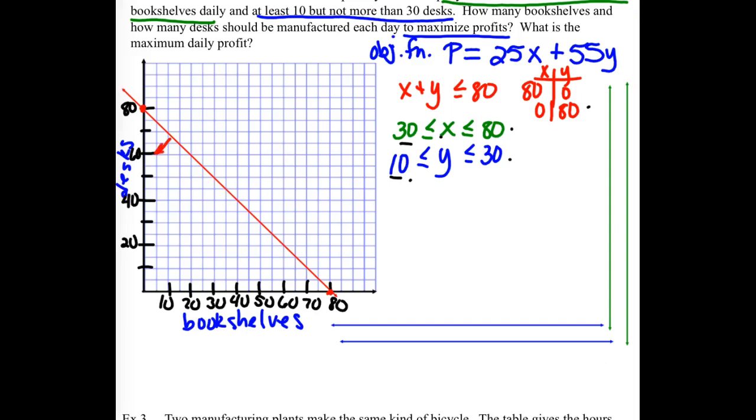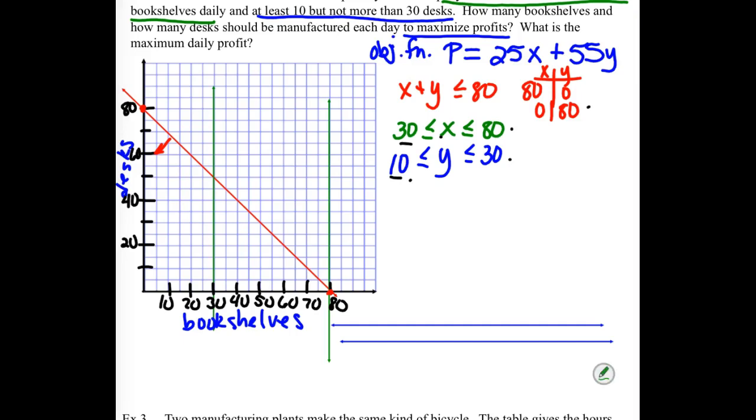Now, for the green one, we want x to be bigger than or equal to 30, but smaller than or equal to 80. So we are looking at a vertical cutoff at 30 and another vertical cutoff at 80. We need to be in between those two lines. And then for the blue one, we're looking at horizontal lines at 10 and at 30.